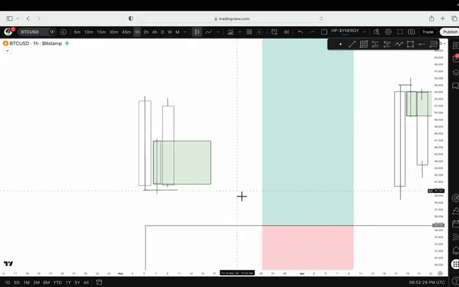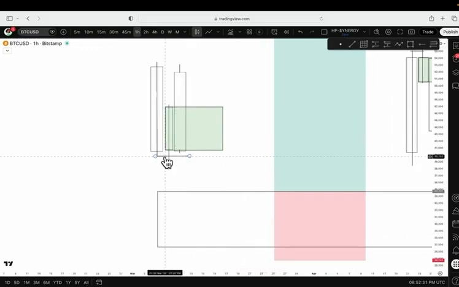How does it look? Number one thing is this: there has to be the middle candle. I call it the middle candle. That's the candle that sweeps the previous candle, whether with the body or with the wick. It must sweep the previous candle, emphasis on must.